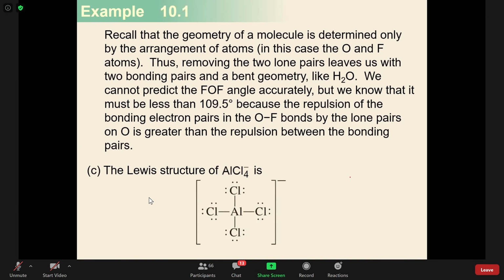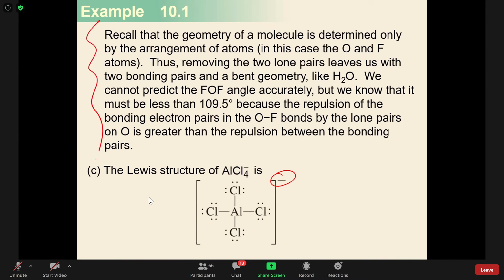What about something like AlCl4 minus? Well, this one's a little bit weird. We don't have to take into account this negative charge. You might think that somehow you do, but you don't. So this simply has 4 bonds, right? Therefore, it's going to be tetrahedral geometry, and you can read all this stuff.